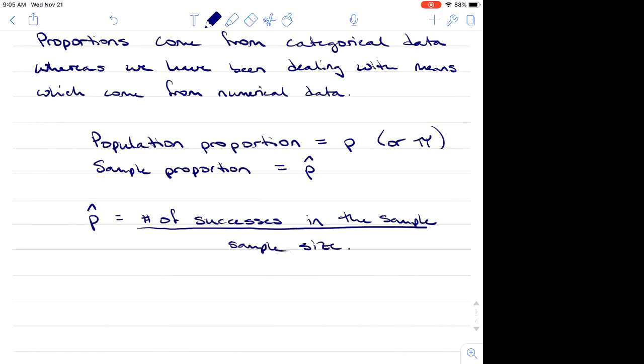The successes being whatever you're interested in. So are you interested in the proportion of males being born? Then the success would be how many males are being born. The opposite of that would be how many females are being born. If you're talking about how many females are being born, then the success would be the number of females.